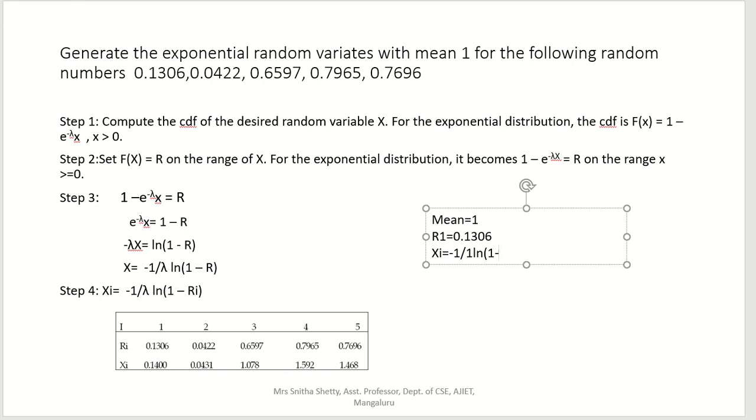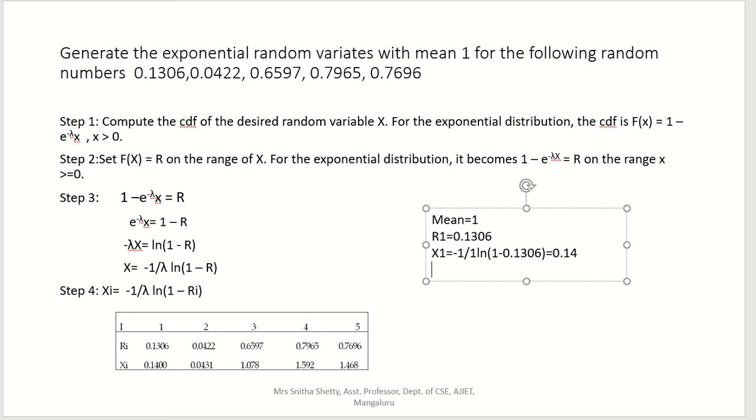What is your r1? R1 is 0.1306, right? Here I am generating i is equal to 1. We will assume the first random number is r1. So when you compute this you will get x1. Just simplify, calculate the value. You will get the answer as 0.39 something, but I'll take it as 0.14. Or you might get 0.14 itself. In case you're getting 0.39 also, I'll consider it as 0.14.